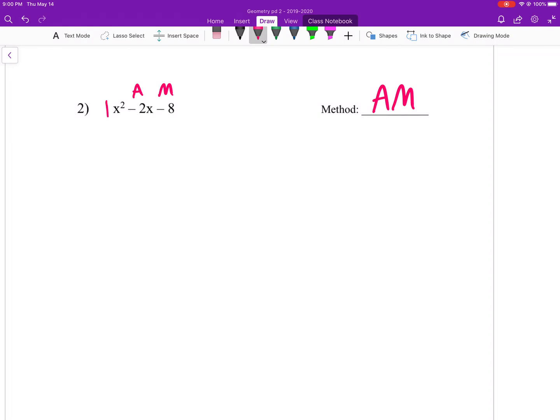So what are those 2 values that multiply to -8 and add to -2? This would be -4 and 2, because -4 times 2 does give you -8. And when we add them together, that gives us -2.